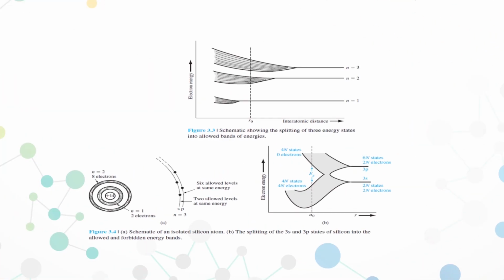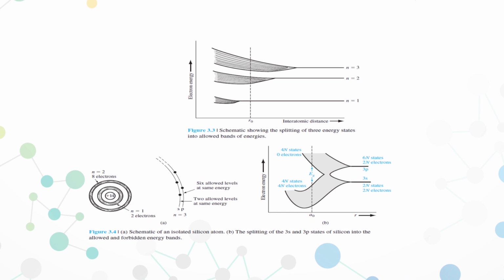From the first figure shown here, we can see that the x-axis shows the interatomic distance and the y-axis shows the energy, and this diagram shows the 3 energy states in the structure of silicon.